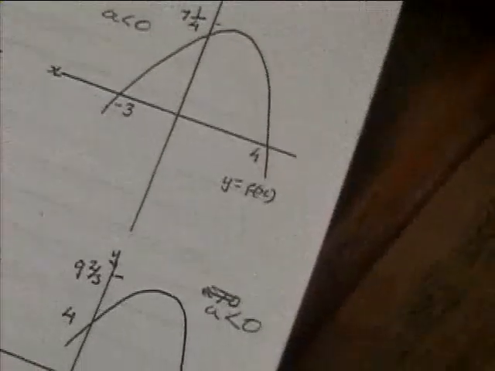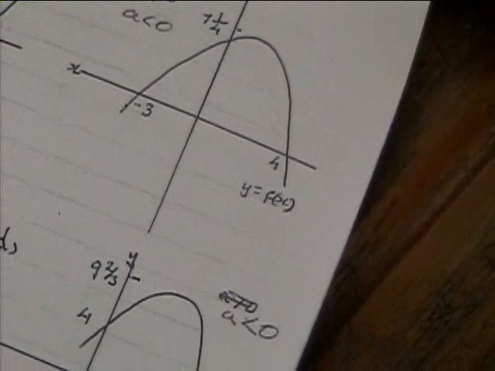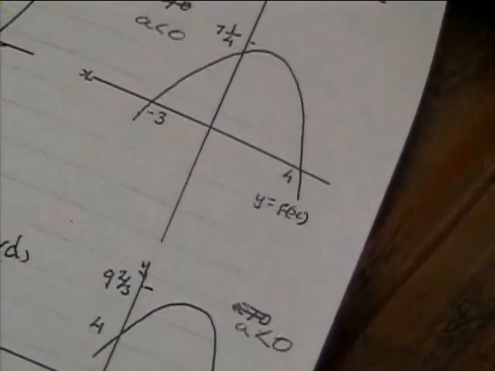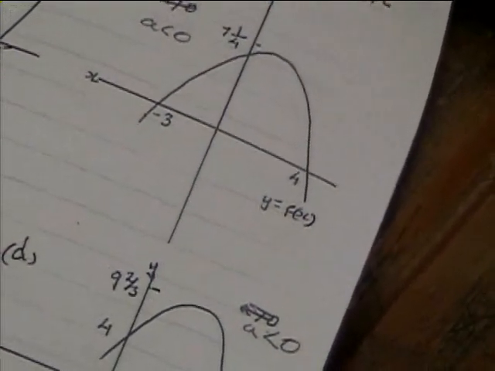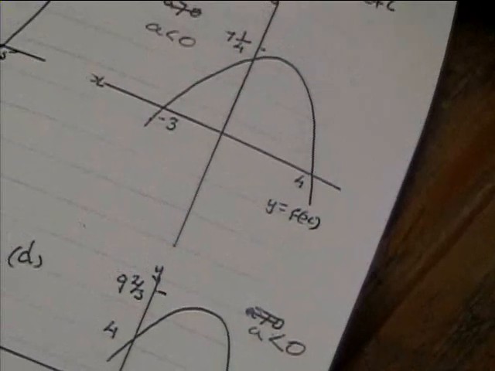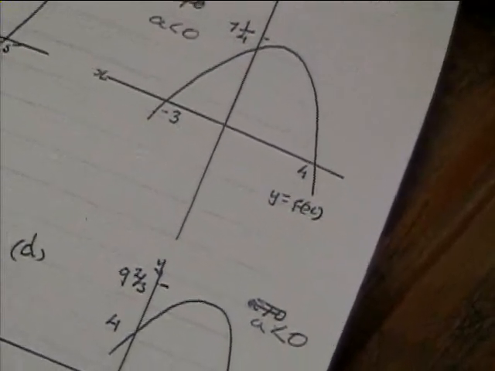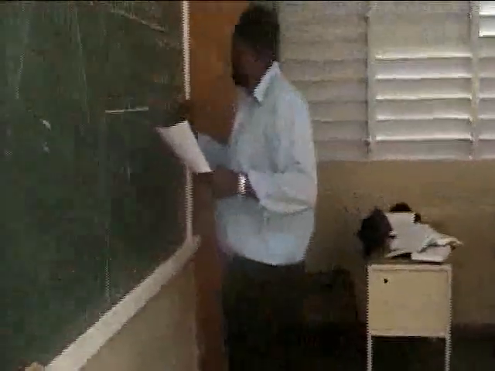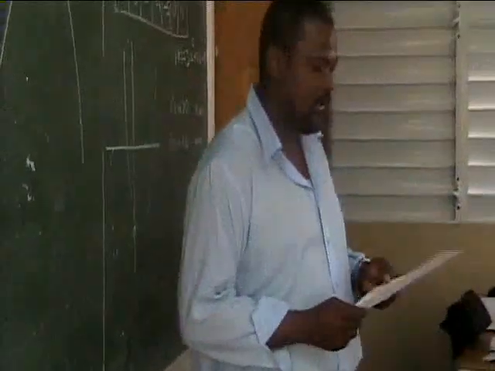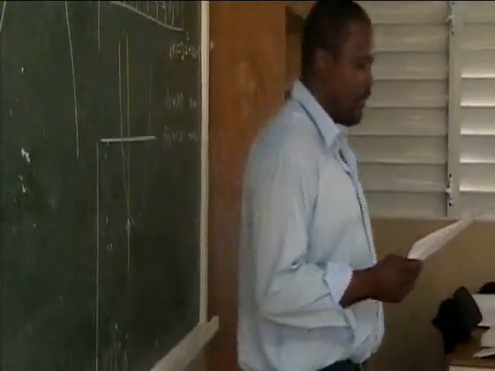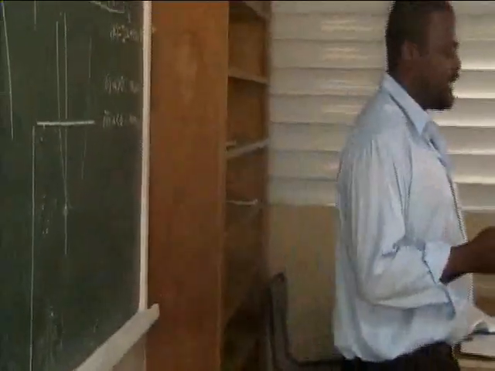What is the value of a? a is less than 0. So if a is less than 0, what is the maximum value in this case? 7 1/4. Very good.